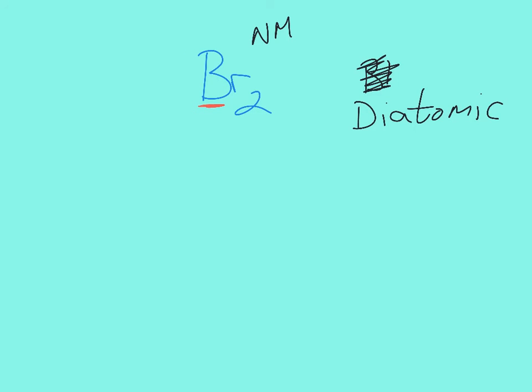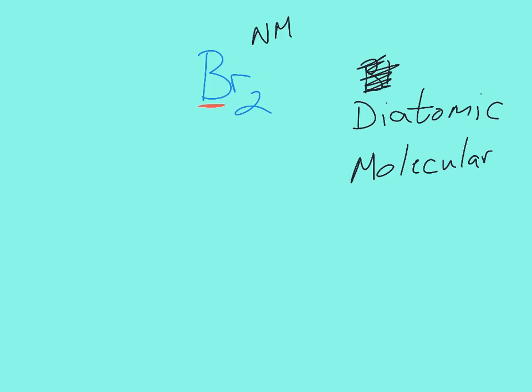So we had polyatomic, many atoms. This is diatomic, there are two atoms of the same element. So this is diatomic, and all of these are molecular. These are nonmetals that are bonded with each other. So we actually have a special way of naming them.